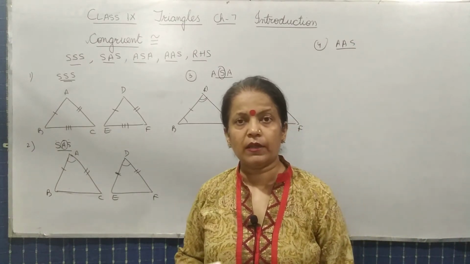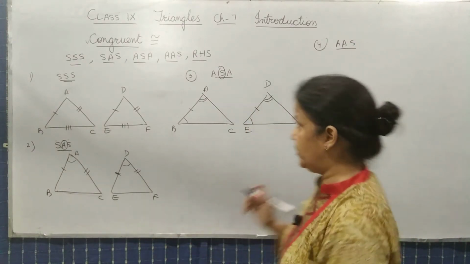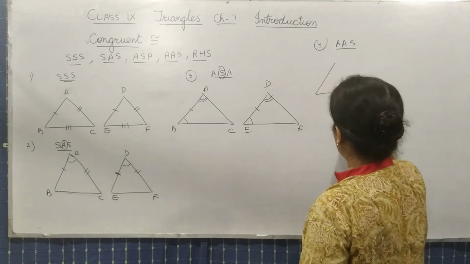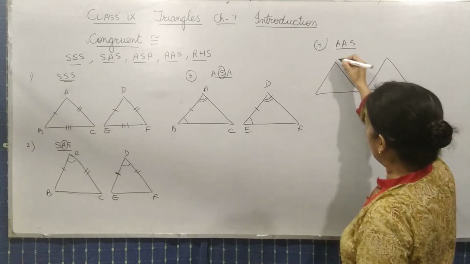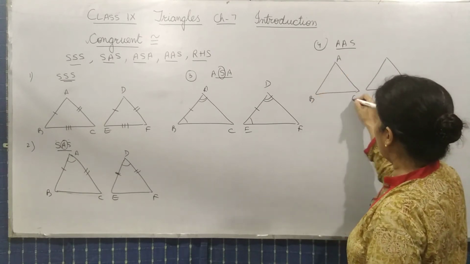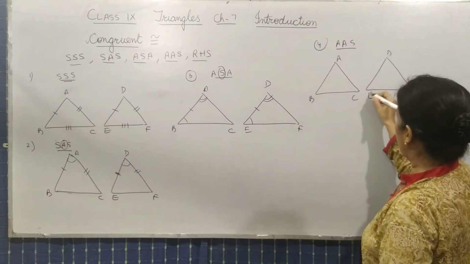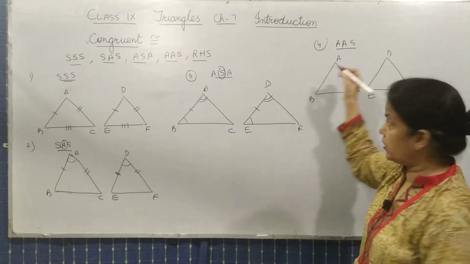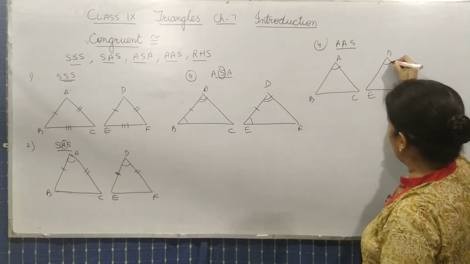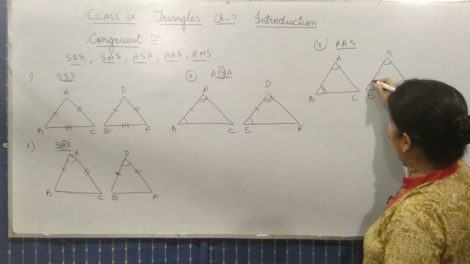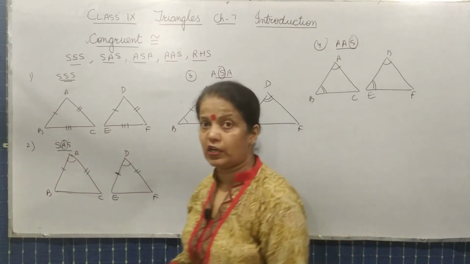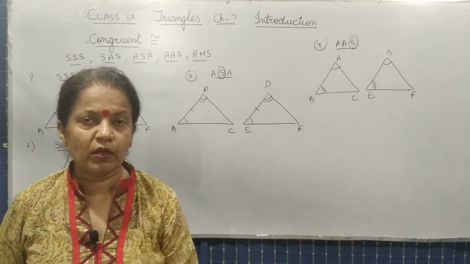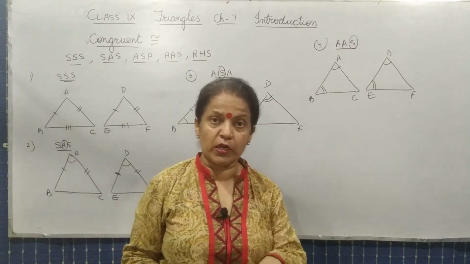AAS means angle, angle, side. So let's take the example again, triangle ABC and triangle DEF. Two angles, we can take any two angles. Now if you see here, the side is not included, it is not in between, so this will be non-included.